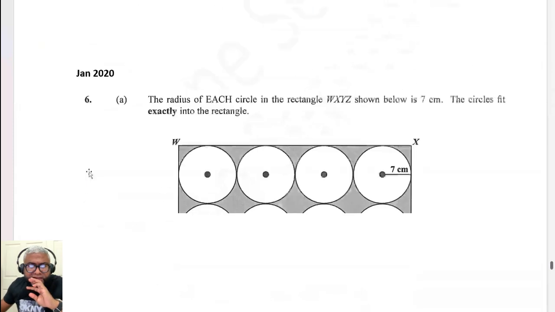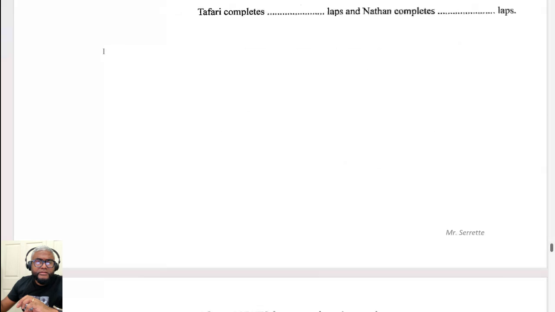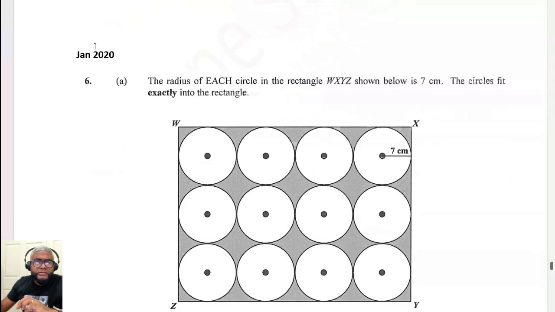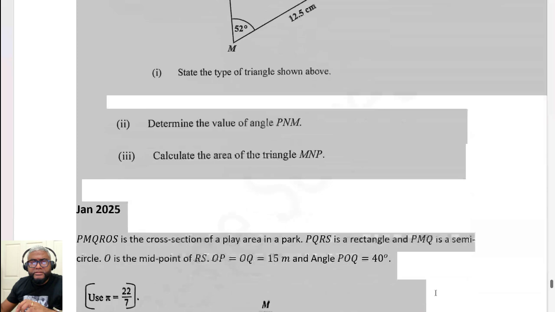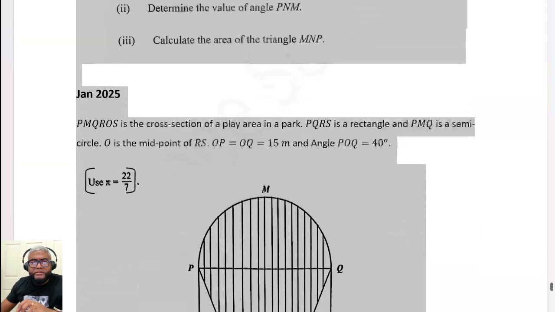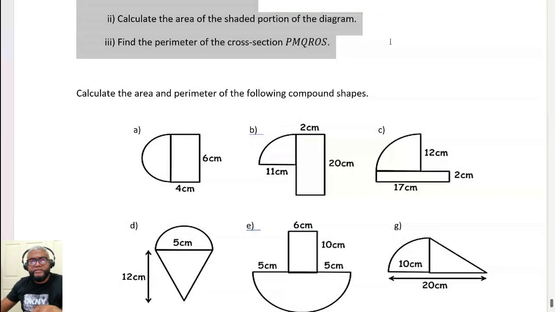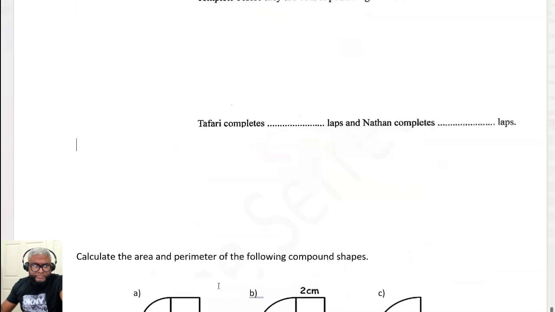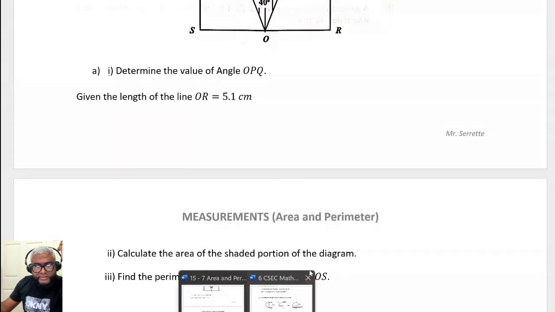There's not much extra in this one. January 2020. And January 2025.